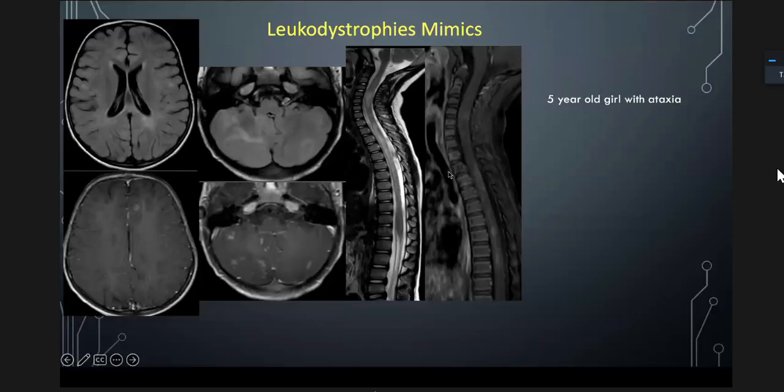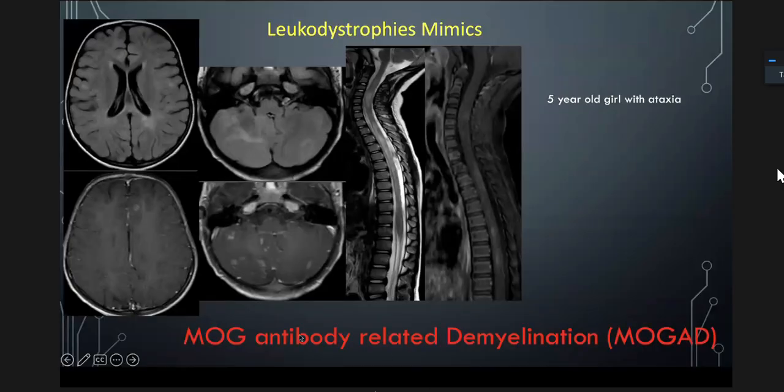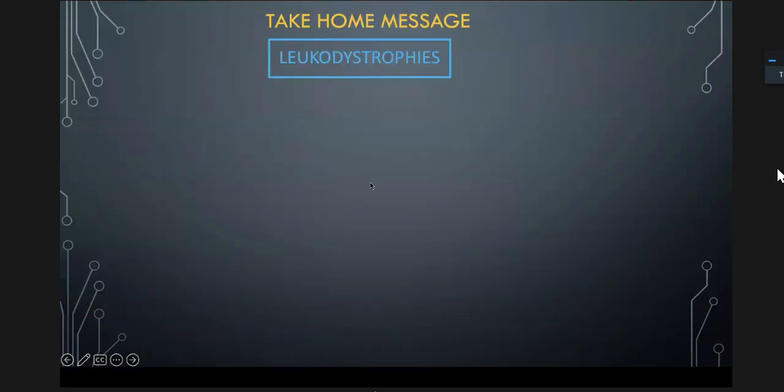So it's longitudinally extensive transverse myelitis sort of. And this turned out to be MOG positive. So MOG related. So it's a kind of demyelinating disorder, and this is very common in children. MOG antibodies were present in this case. So all these have to be differentiated from leukodystrophies.